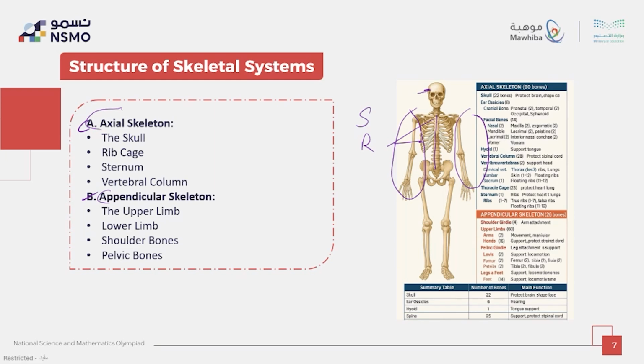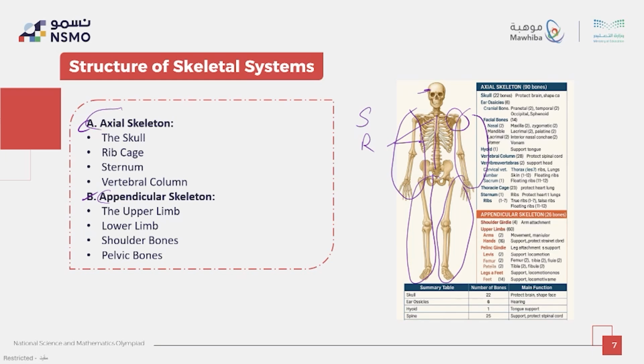The second one is the lower limbs, and these are the lower limbs here. They are designed for weight bearing, walking, running, and jumping. And also the shoulder bones. These are the shoulder bones here, guys.